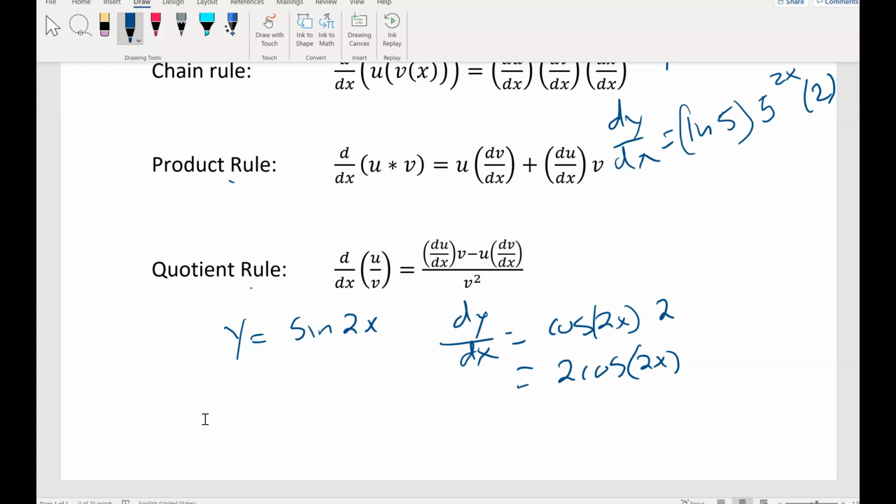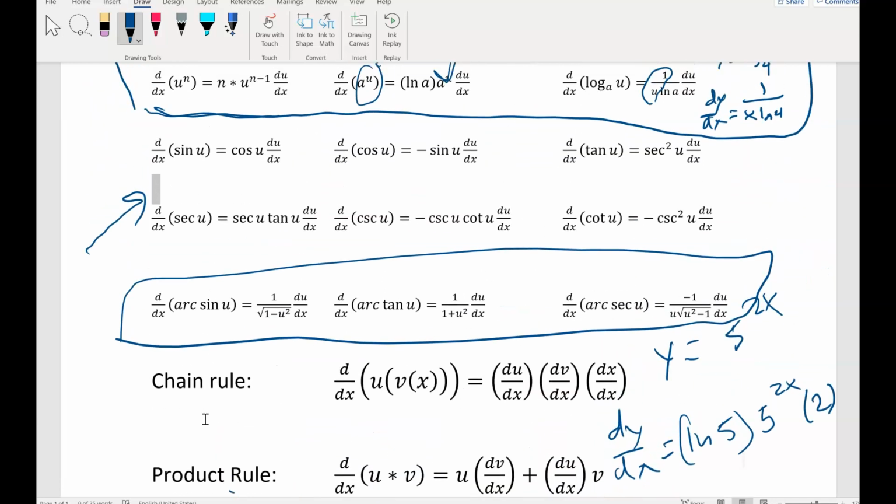Okay, one more example. Let's say we have y is equal to 5 to the tangent x. dy/dx would be, well, let's go back up here.